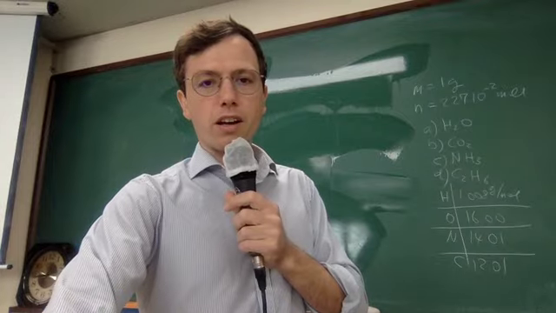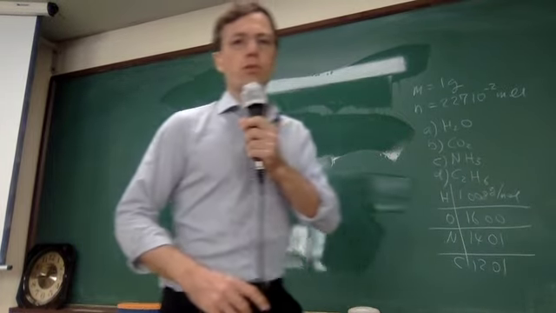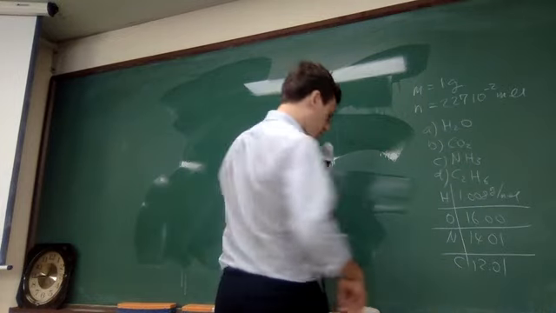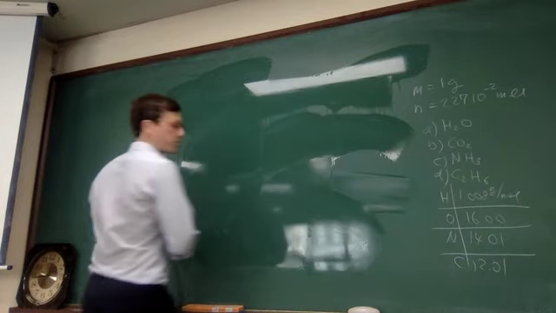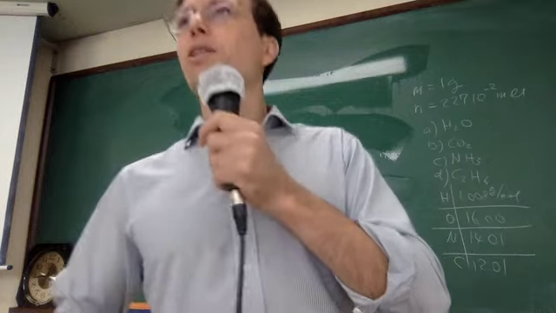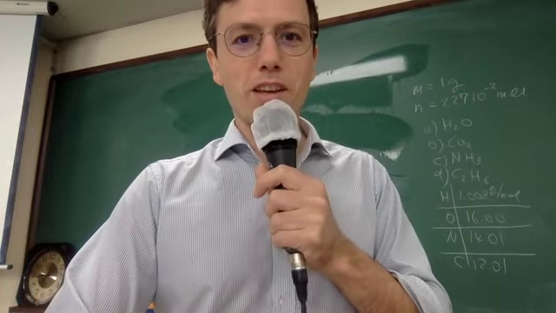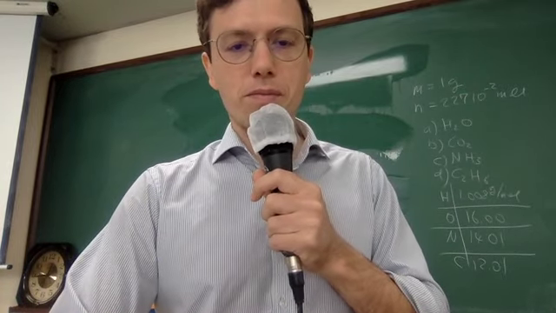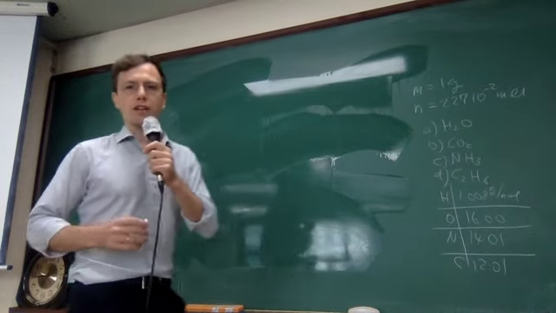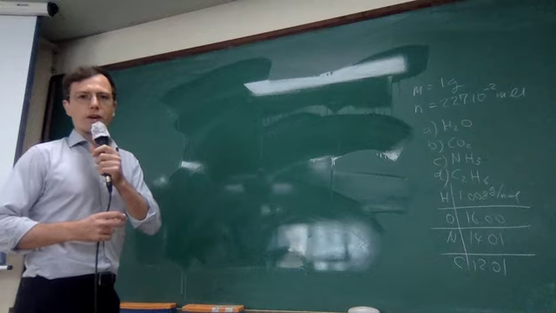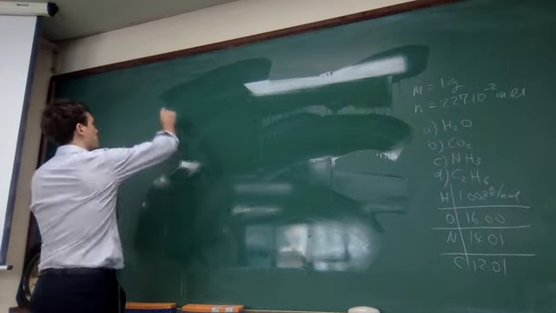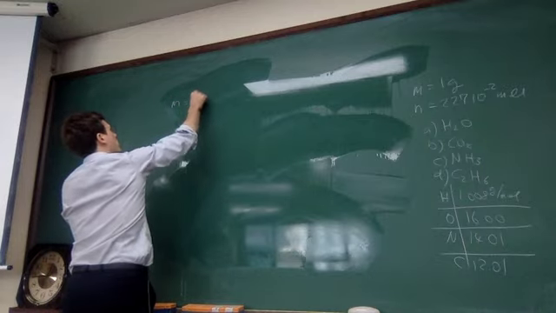Okay, next one, the mass of 0.82 mole of a diatomic molecule is 131 grams. Maybe we skip this one. It's the same equation and you guys already know how to do it. Maybe this one. Which of the following 100 gram samples contains the greatest number of oxygen atoms? So the mass is 100 grams.